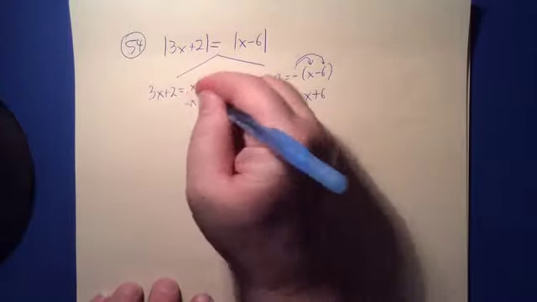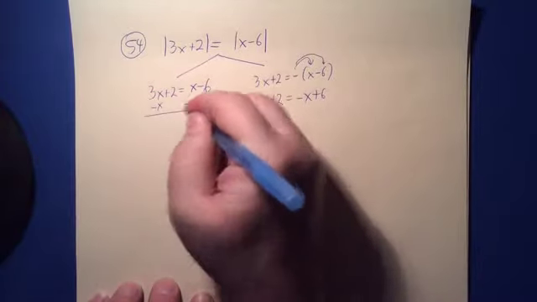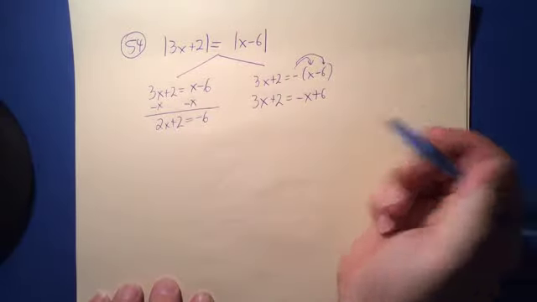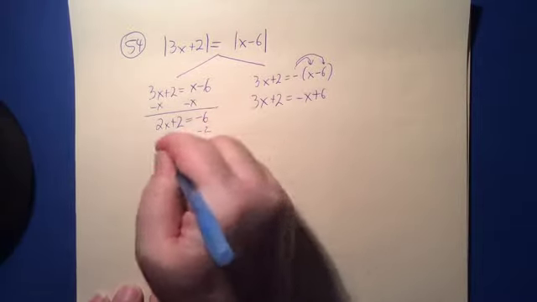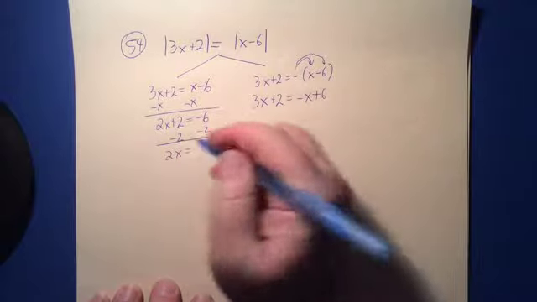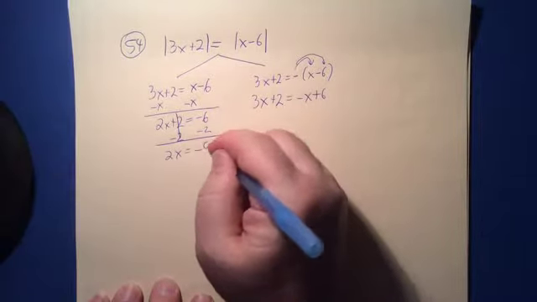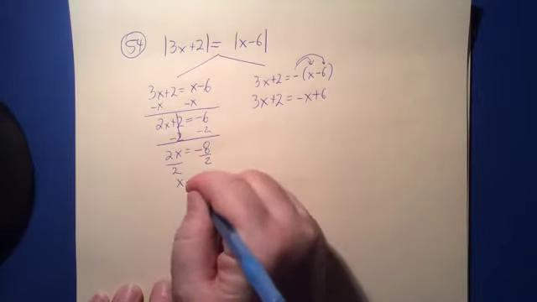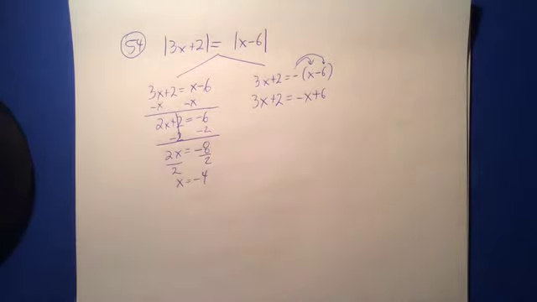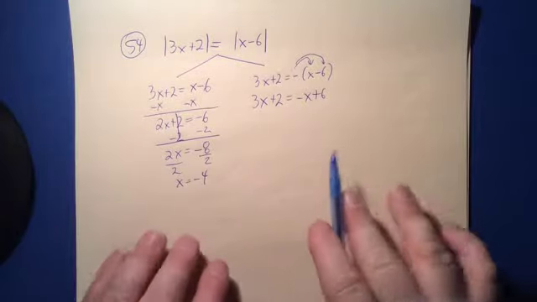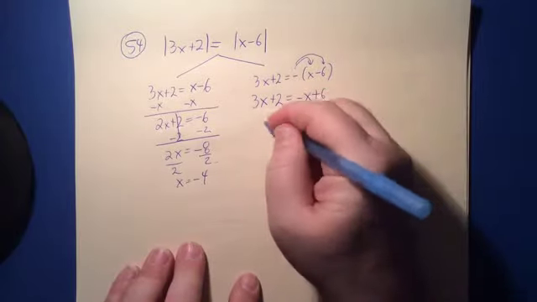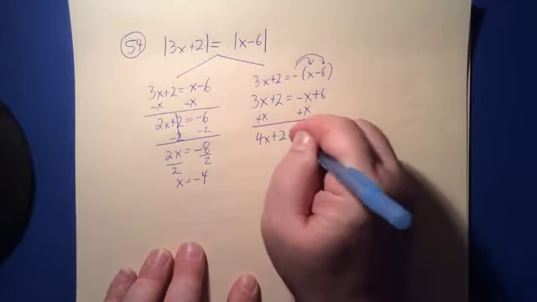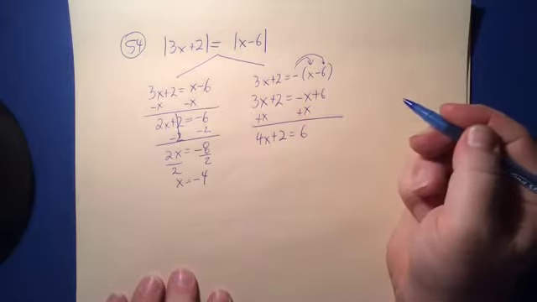I'm going to subtract x from both sides. That'll be 2x plus 2 is equal to negative 6. I'll subtract 2, so that'll be 2x is equal to negative 8. If I divide both sides by 2, I'll get x is equal to negative 4. Over here, I'm going to add x to both sides. That's going to be 4x plus 2 is equal to 6.